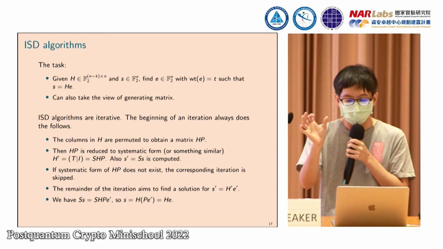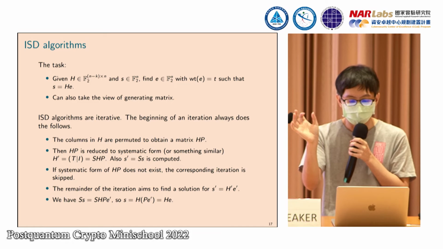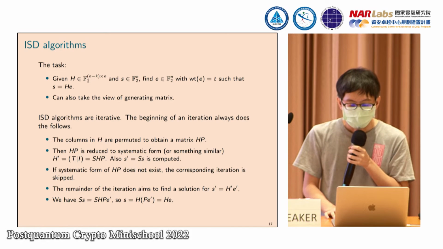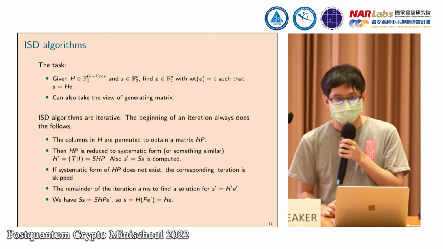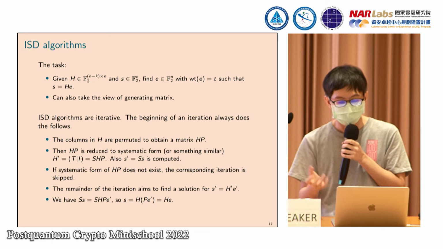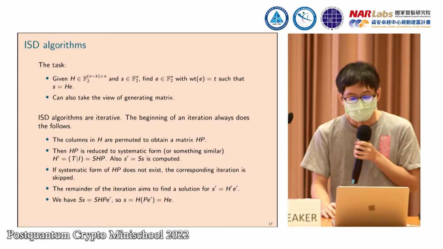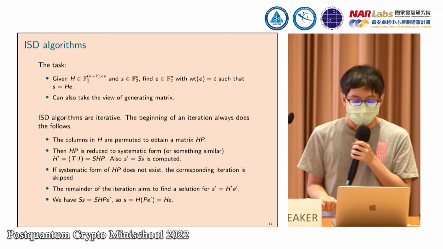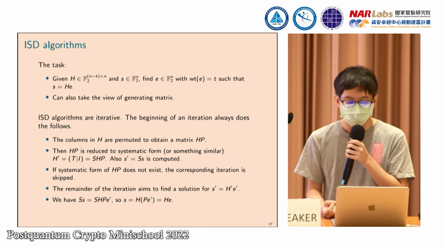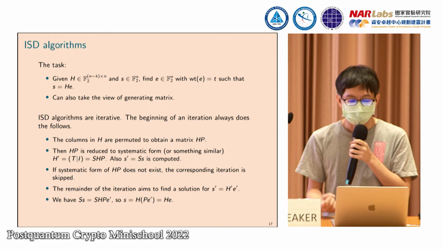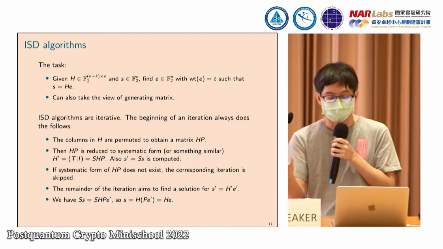At the beginning of each iteration, you always do the same thing: you permute the columns of the parity check matrix by multiplying it by a permutation matrix P. Then you multiply HP by some non-singular matrix S, such that the result H prime has systematic form.